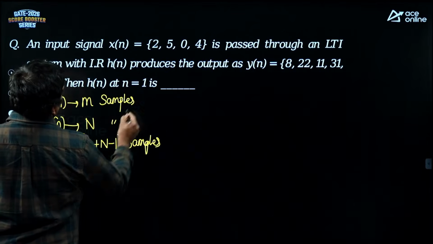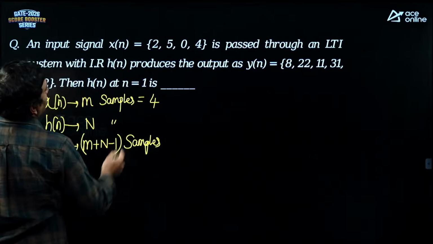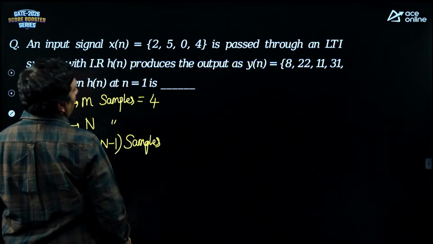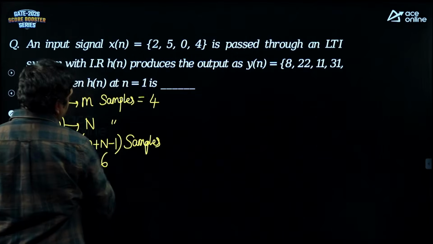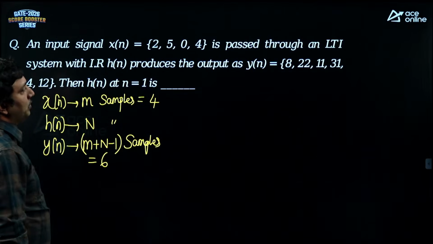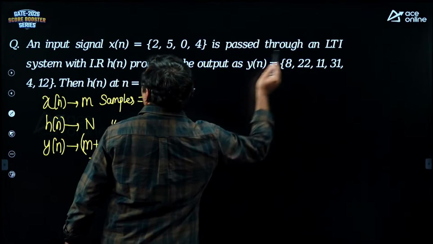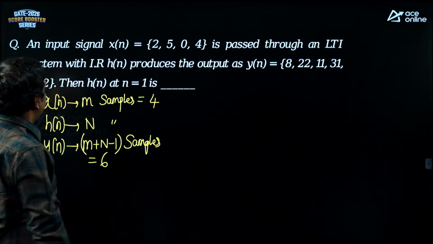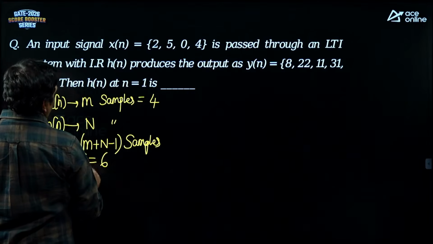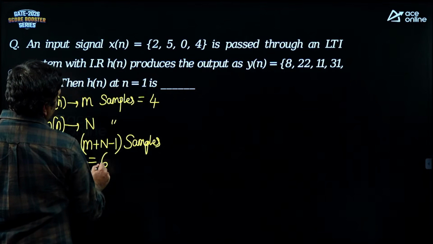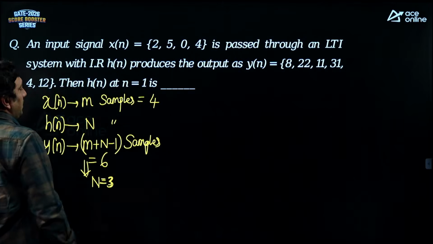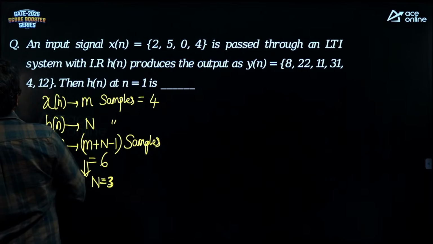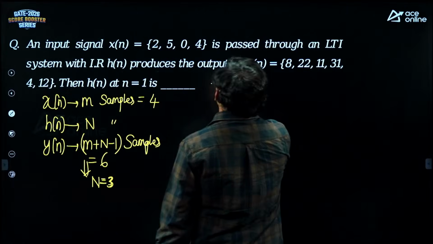So, when you see the question, the input has 4 samples 2, 5, 0, 4, and the output has 6 samples: 8, 22, 11, 31, 4, 12. Input length is 4, output length m plus n minus 1 is 6. So, the length of the system must be 3. 4 plus 3 minus 1.